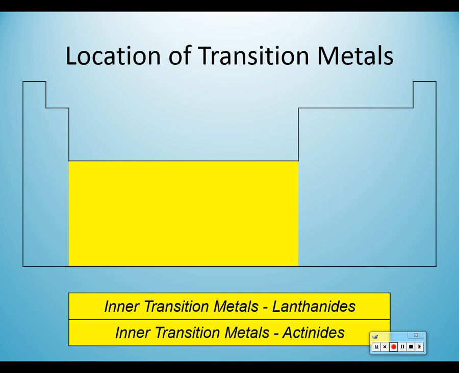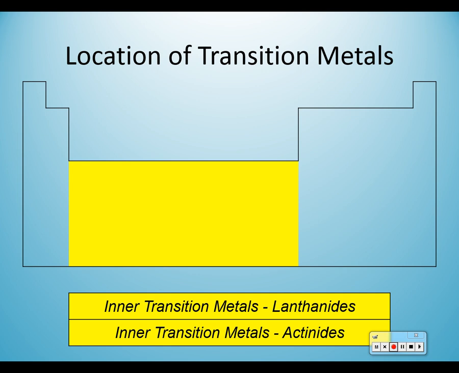In addition to those 10 columns, the 2 rows, each of which has 14 columns underneath the main part of the periodic table, also count as transition metals. Although those 2 rows on the bottom we give a special name, we call them the inner transition metals.